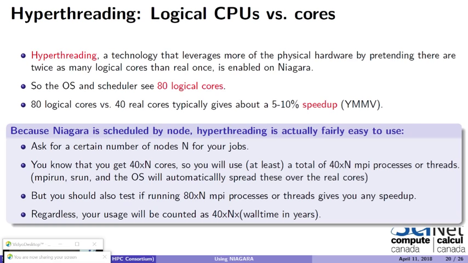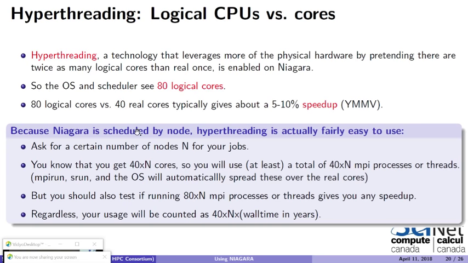Fine. But that's why you see 80 logical cores or logical CPUs, whereas there are really 40. At the end of the day, it's the 40 that we bill you on. If you had 40 core years, then you'd have one node for yourself for the year, not half of one. So it's the real cores that we count.